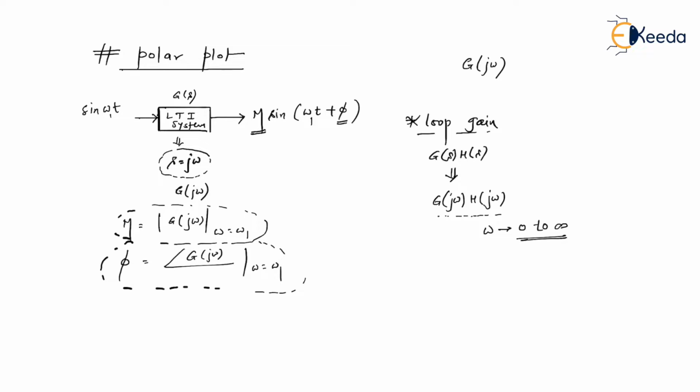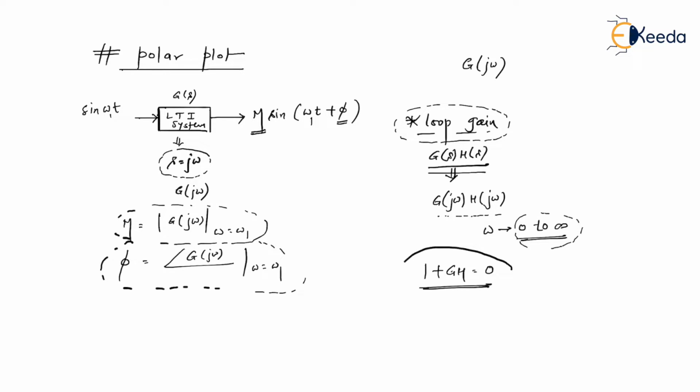You may ask, sir, what is the use of that? Once you understand how your loop gain is behaving when omega is changed from 0 to infinity, then you can actually work out the effect on 1 plus gh equal to 0. So once you know the behavior of g of s into h of s, it is easy to know the behavior for this equation.